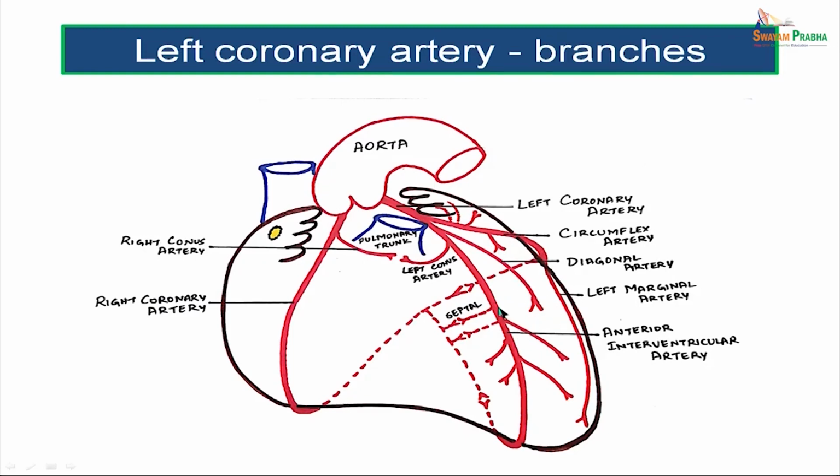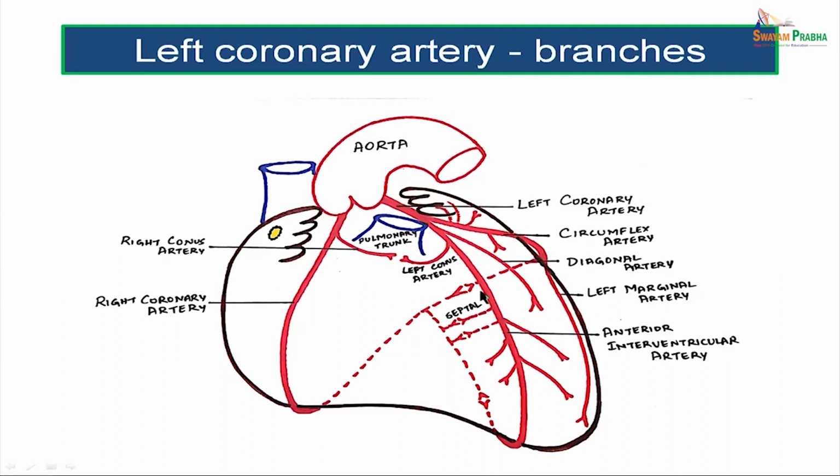The other branches also supply the sternocostal surface all along the left ventricle, and the other branches coming from the anterior interventricular artery will run backwards to the septum and supply about the anterior 2/3 of the interventricular septum.